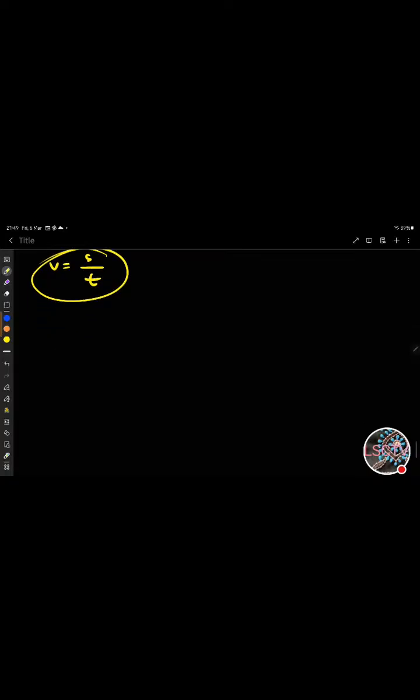Now, let's say the car is going at around 100 kilometers per hour on a highway, and it's straight for around, let's say, 50 kilometers. You notice that the distance and the displacement would be the same.